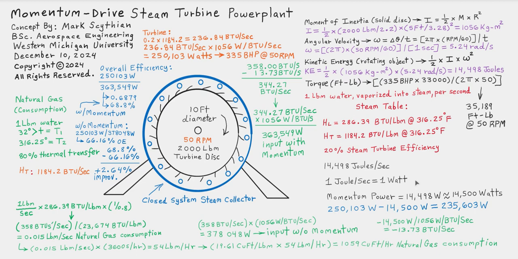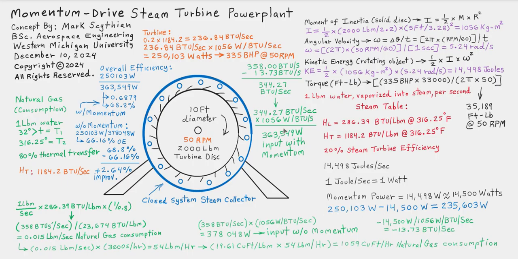And now we have an alleviation of the power input, because now it's 14,500 watts less power input is needed to keep this rotor at constant operation, 50 RPM in this case. And so we can take the 14,500 watts and subtract it from the mechanical power output.